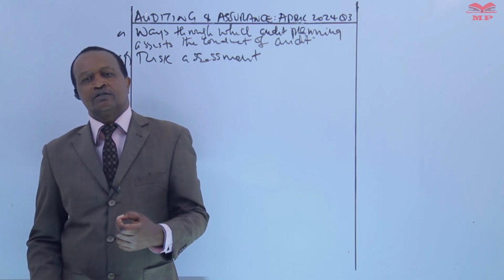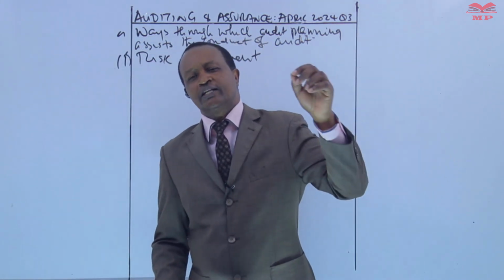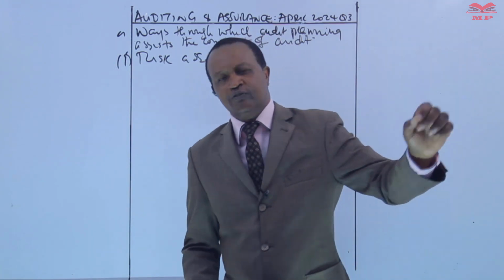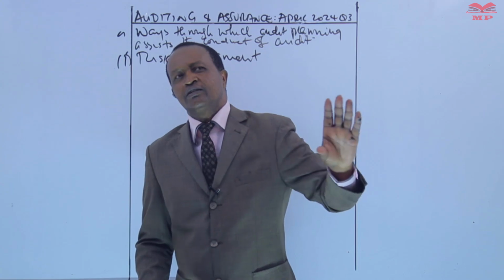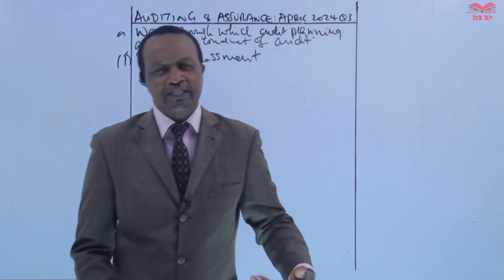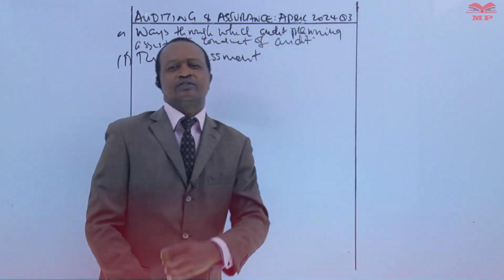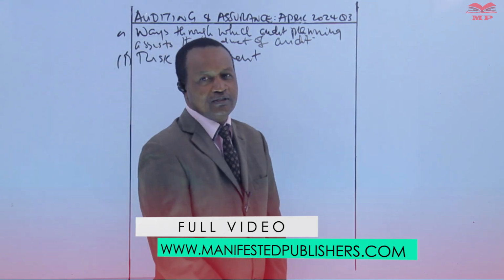Right? Because at the end of the day, candidates, the auditor is to give an opinion as to whether the financial statements portray a true and fair view. He's supposed to give an opinion as to whether there is any material misstatement in the financial statement assertions. Understand?